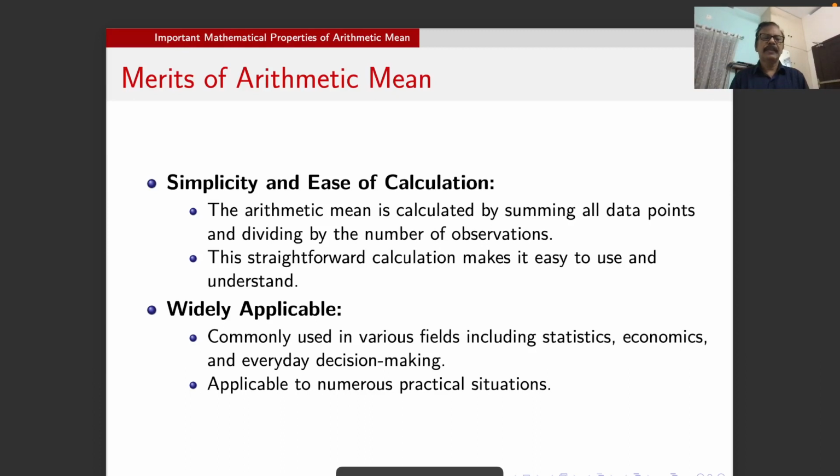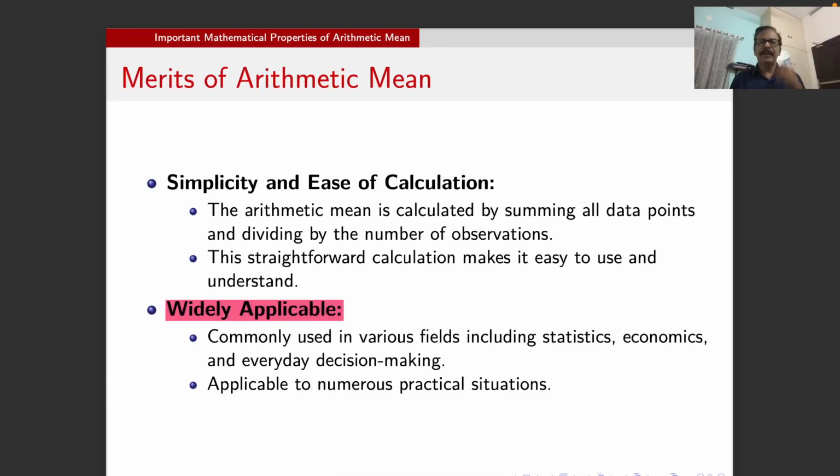The arithmetic mean is calculated by summing all data points or all observations and dividing by the number of observations. This is a straightforward calculation and makes it easy to use and understand. Consequently, it is widely applicable.